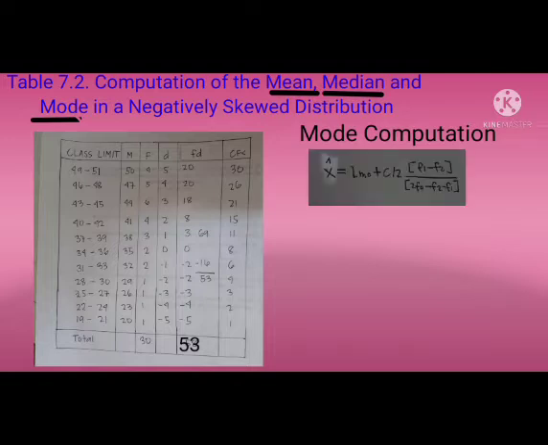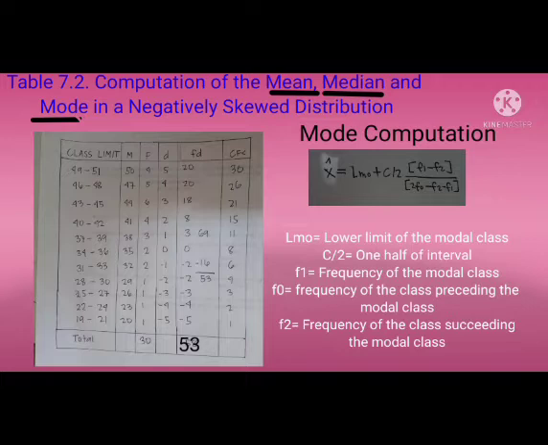The mode is equal to the lower limit of the modal class plus one half of the interval times the frequency of the modal class minus the frequency of the class succeeding the modal class, over 2 times the frequency of the modal class minus the frequency of the class succeeding the modal class minus the frequency of the class preceding the modal class.